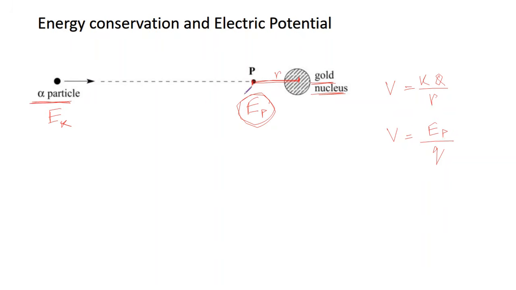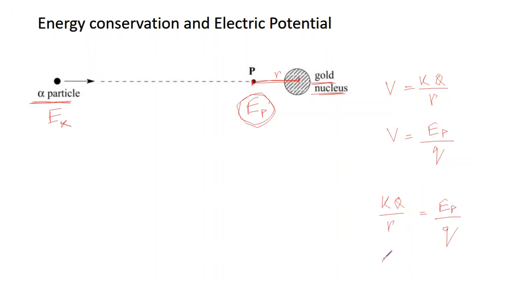The alpha particle gained the potential energy. So the charge over here will be of the alpha particle. And you'll see the two values will be equal as well. So kq by r will be equal to ep by q.